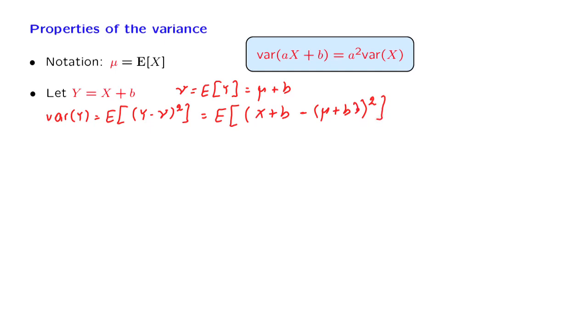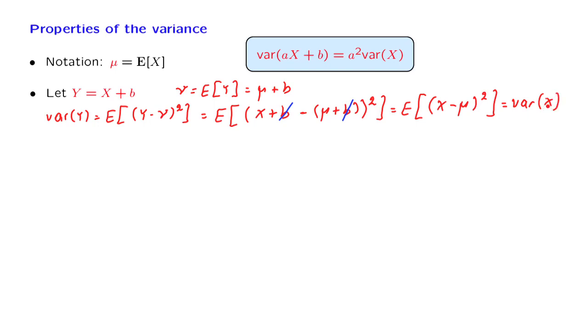And now we notice that this b cancels with that b, and we are left with the expected value of X minus mu squared, which is just the variance of X.